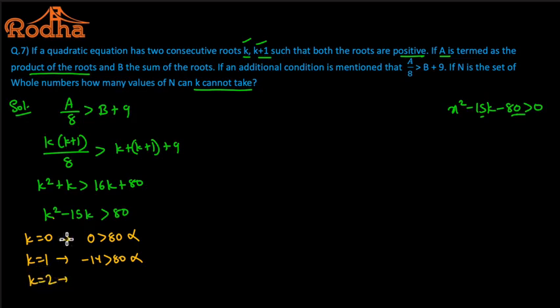Obviously k cannot take 2. 2 square minus 30 is minus 26, which is not more than 80, it's not possible. So these are the values not possible.